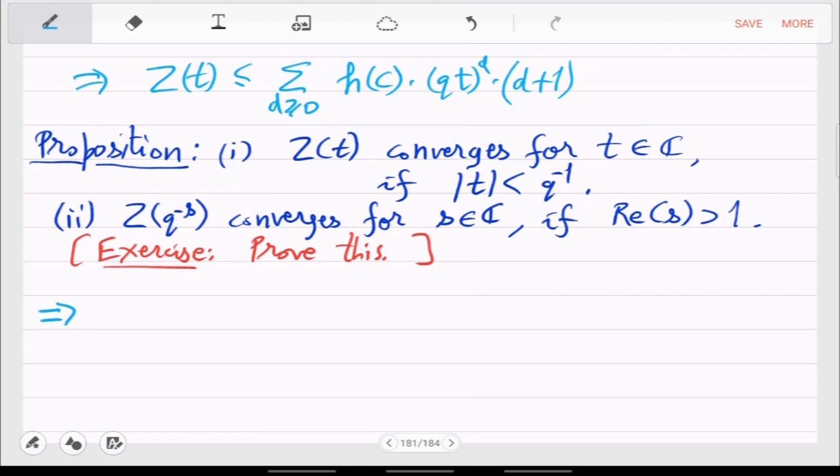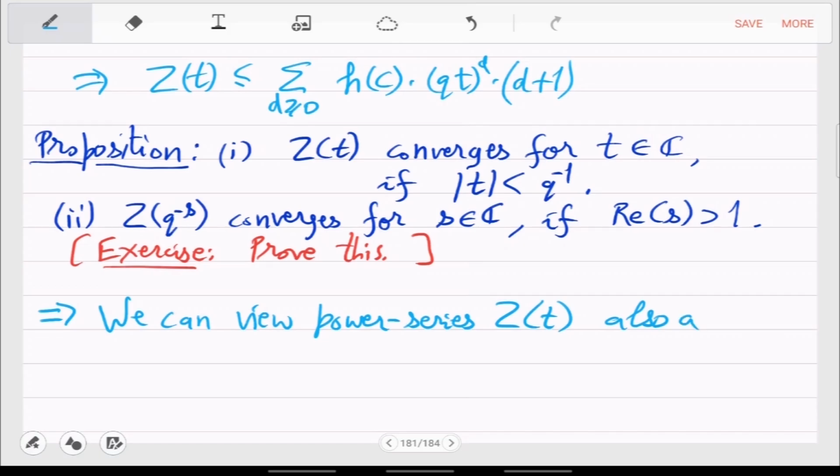And what this proposition tells you is that we can view the power series Z also as a complex function. We started with a formal power series, but if we want, we can also view it as a complex function.